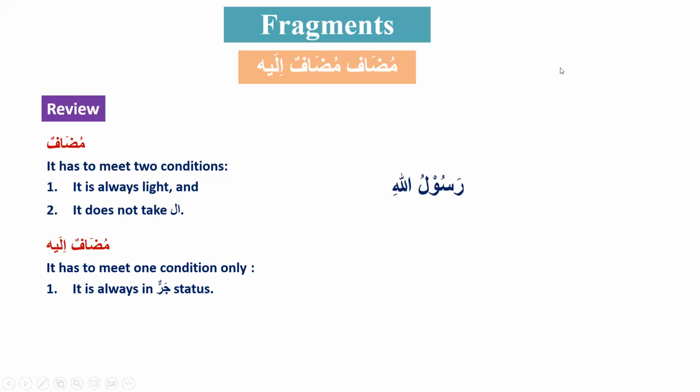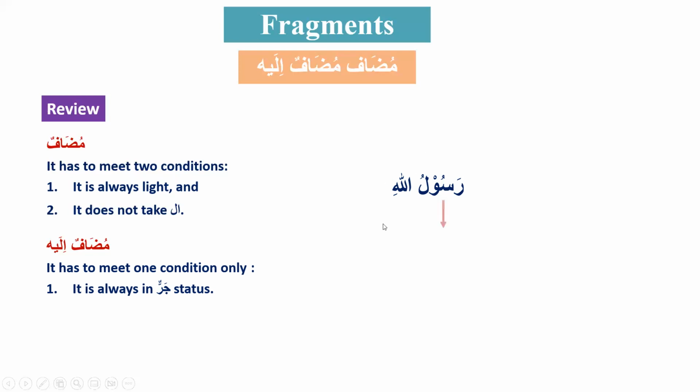And a very simple example of mudaf ilay is written here now, Rasulullahi. You see, Rasul is mudaf because it is meeting the two conditions. It is light and there is no al with it. And the next ism is in jar status. So all the three conditions are met.